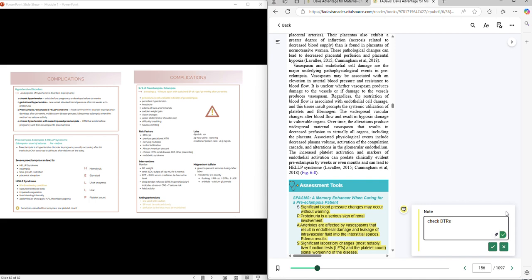I also want you to implement seizure precautions. So these should be written in your book. And check the neurologic status. So this is something that you need to write in your book, winks and lollipops, okay? Make sure you understand that.